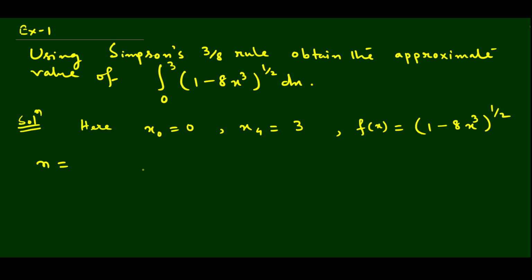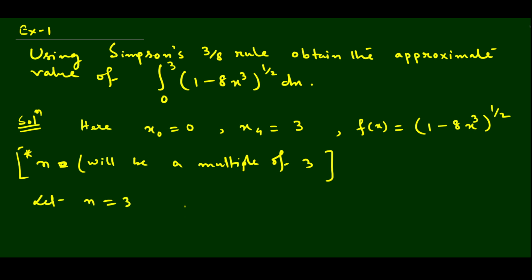N should be a multiple of 2. Here, whatever n you choose will be a multiple of 3. N means the number of subdivisions or subintervals, and that should be a multiple of 3. You can take 3, or 6 or 9 like this. So let us take n equals 3 here, or you can take 6 also.